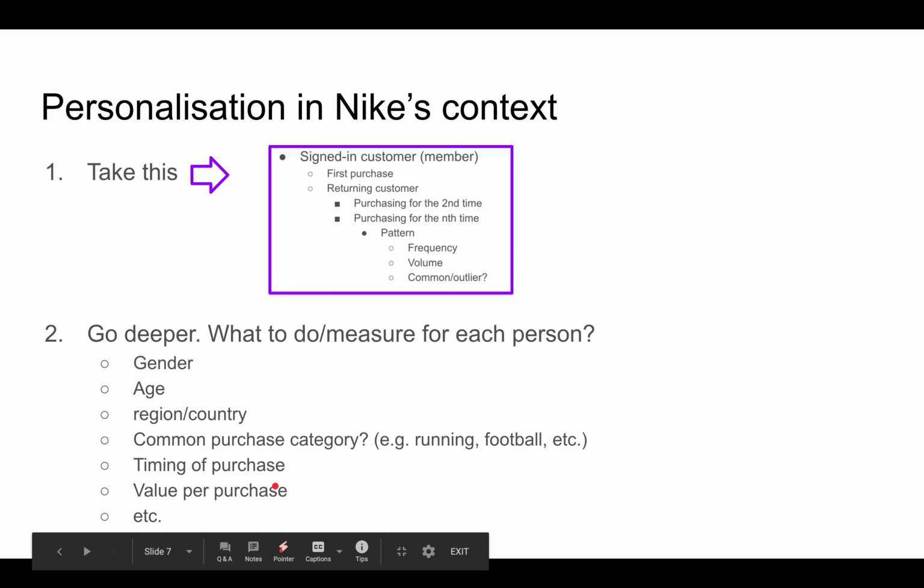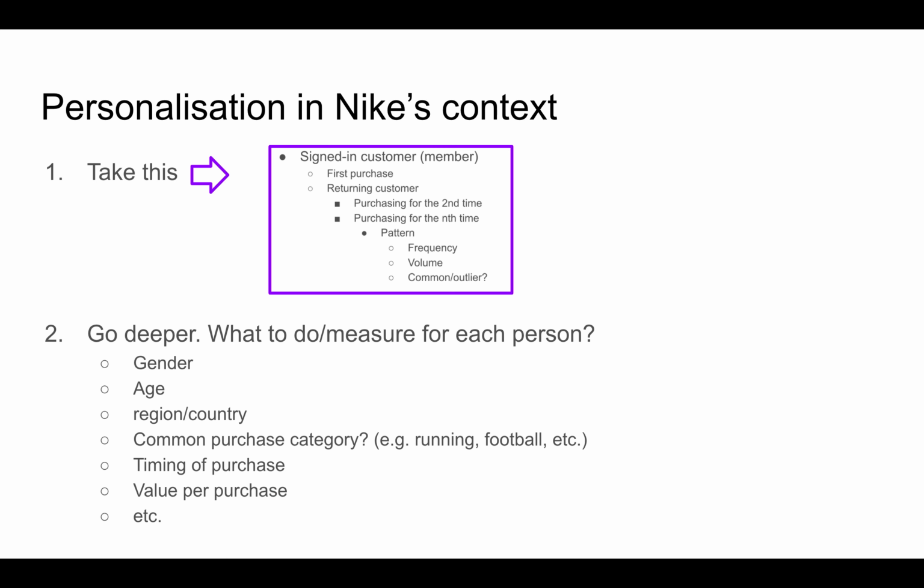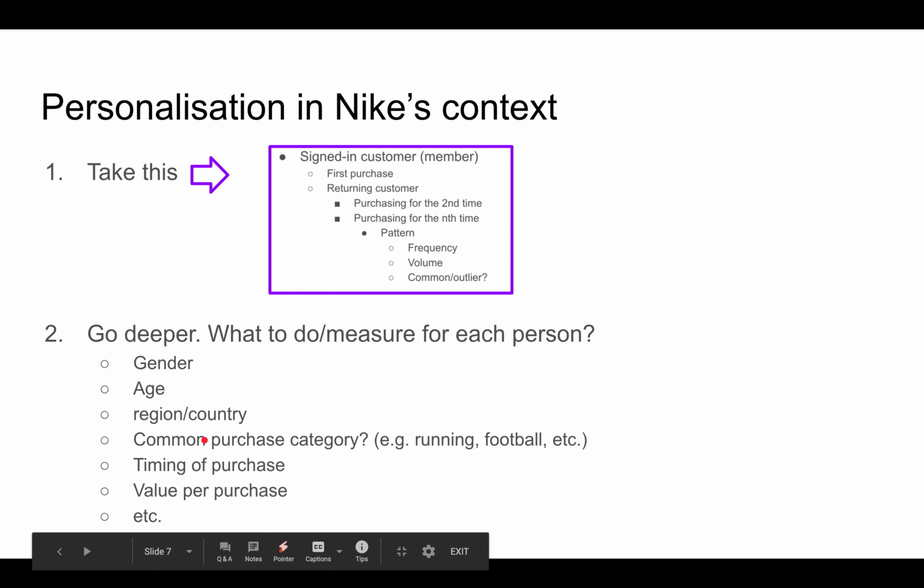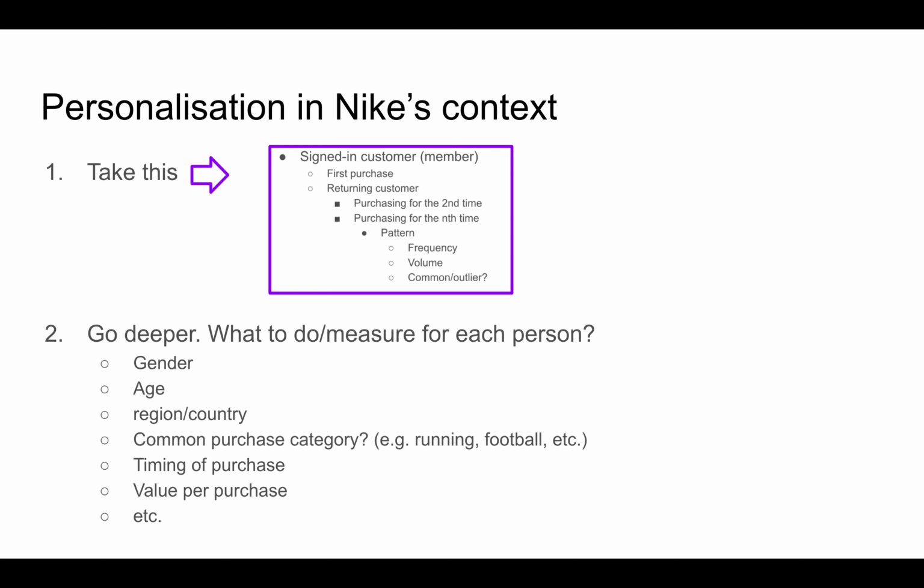Imagine you understand these about individuals, which at the scale of Nike, you will, because you're collecting this information from users. So based on understanding these, for each person, you would want to decide what do I want to do with the value that this person is generating for my business, or the value that I'm generating for the person that I get to capture some of it?